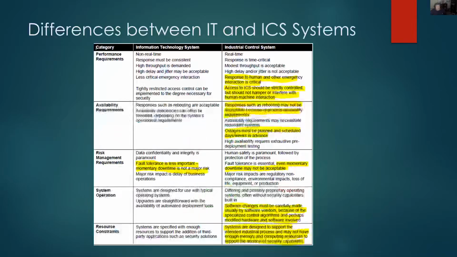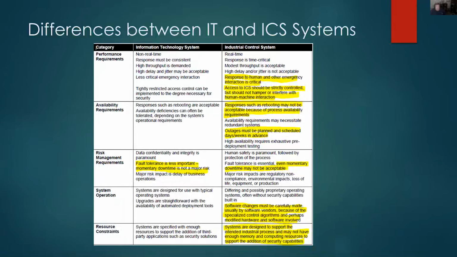And so this addresses what I was just talking about a little bit. Some of the differences between IT systems and industrial systems, why they're different, why industrial security is difficult.